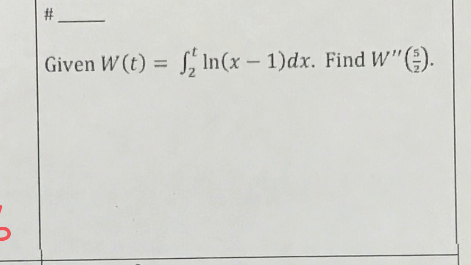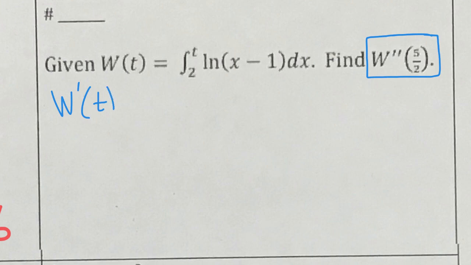Oh, so now we're trying to find w double prime. This is the second derivative. So that means we have to find the first derivative first. So let's do w prime using the second part of the fundamental theorem.